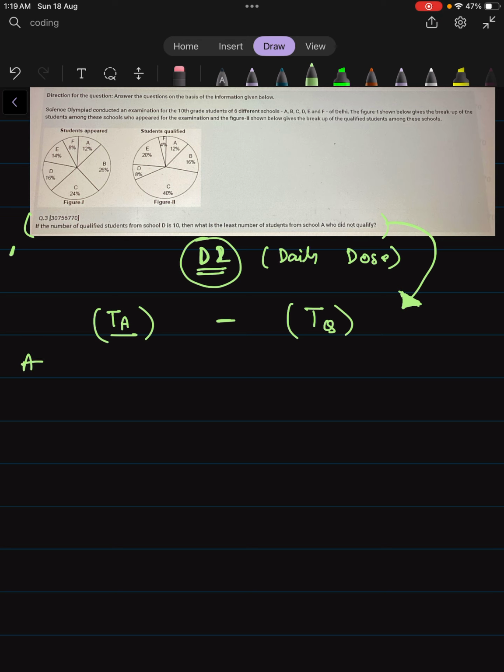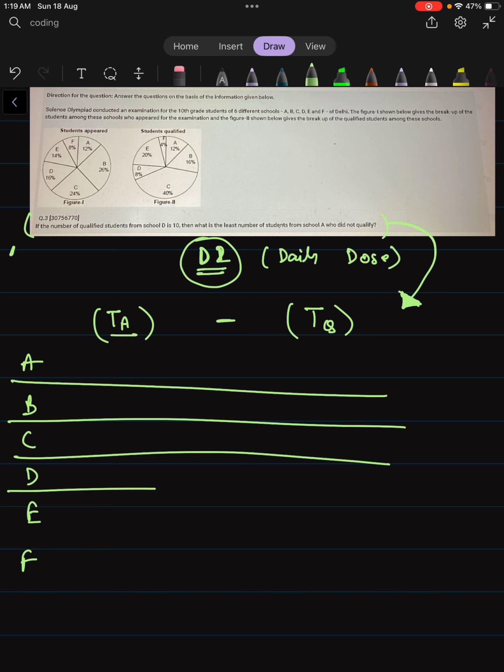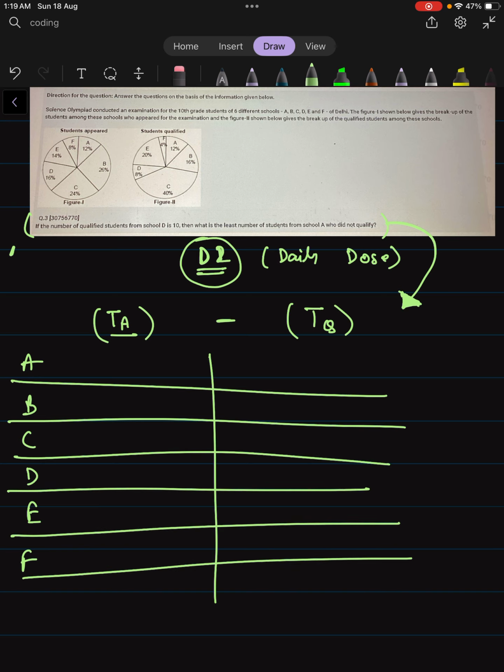So let's say this is our table, and the total number of students who have appeared in the exam for A will be TA times 12 by 100. Similarly, for B it will be 26 by 100, for C it will be 24 by 100, for D 16 by 100, for E 14 by 100, and for F it will be 8 by 100.